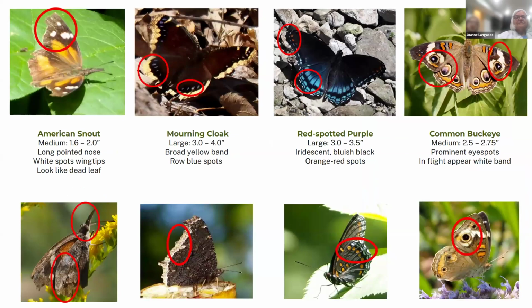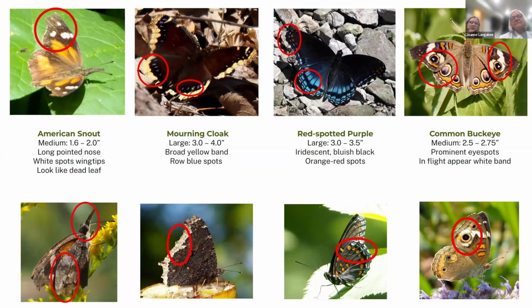So in comparison, you can see in the snoot, you can really see the long snoot, and that's just telltale, but it also has white dots on the tip of the forewings, and the underneath side really looks like a dead leaf.